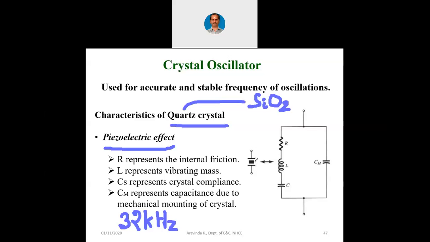When current tries to flow, the small quartz piece which is in between is subjected to electrical pressure. Imagine we are applying a voltage across this quartz crystal. A voltage is an electromotive force. So because of the voltage, electrons try to move from minus to plus because electrons are negatively charged. When electrons try to move, there is an insulator in between the two plates.